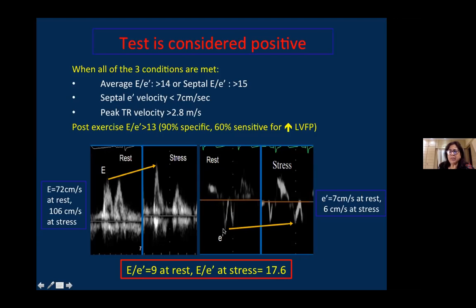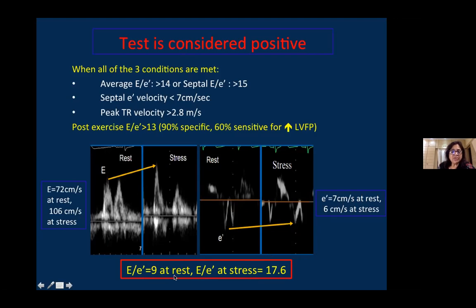The E prime was 7 centimeter per second at rest, but it has decreased to 6 centimeter per second at stress. So if we calculate, at rest E by E prime was 9, and with stress, after walking, E by E prime went up to 17.6. So that is why the patient was short of breath with exercise.